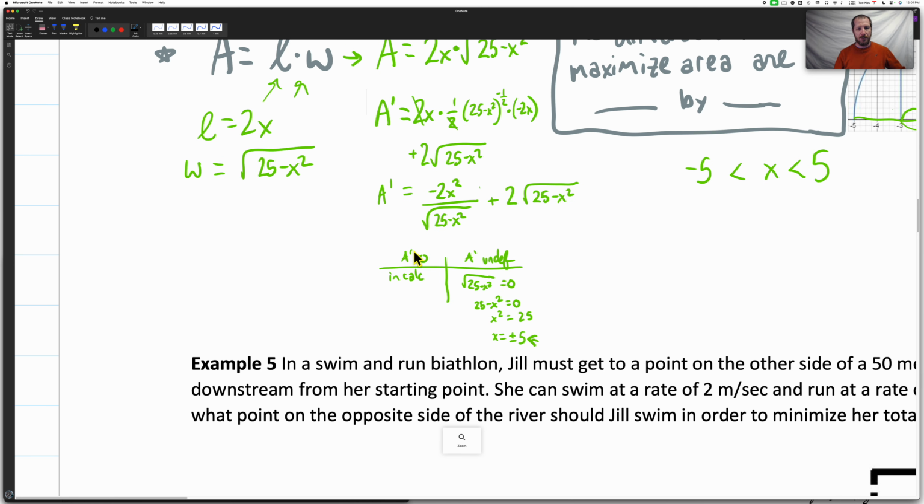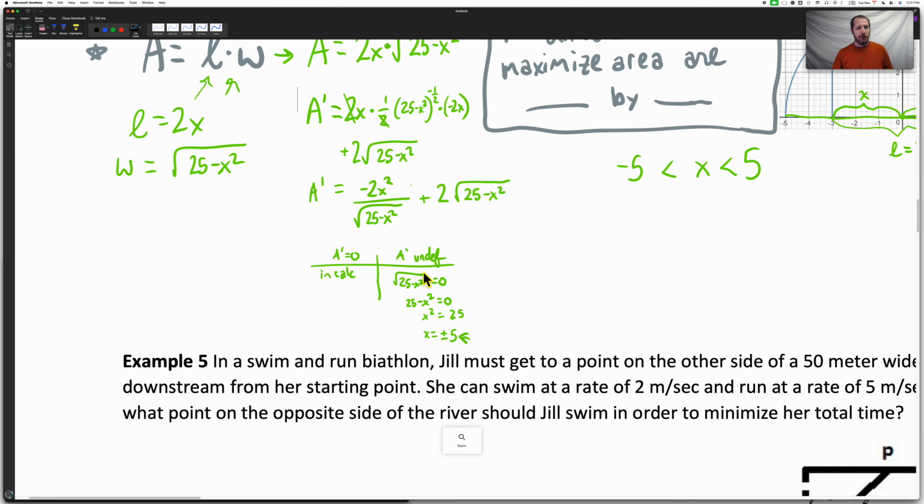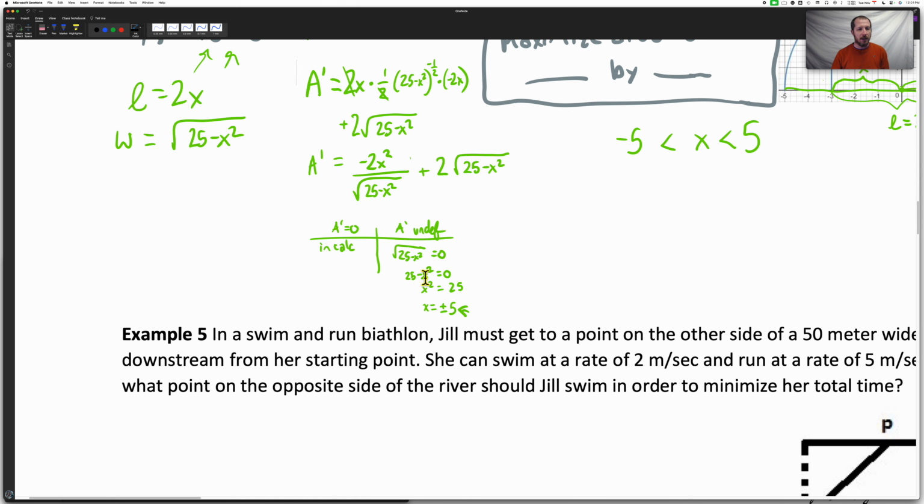Let's do undefined first. We've already set the denominator equal to 0 and found that x could be positive or negative 5 in order to make that denominator 0. Our constraints for our problem were x is bounded between negative 5 and 5.